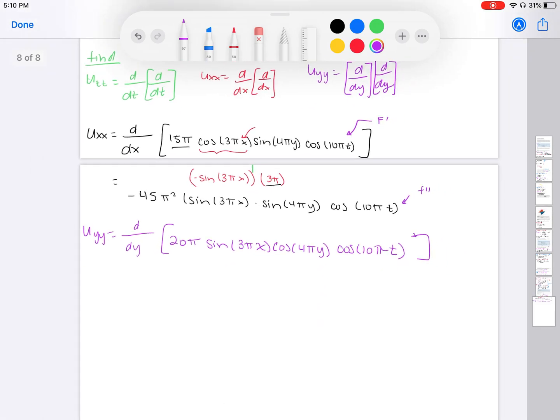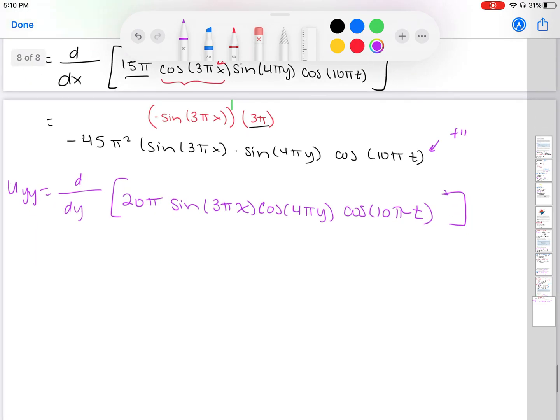Okay, now we want to take the derivative in terms of y again, for our second derivative. Again, we only have y here. The derivative of cosine is negative sine. We keep our argument, and chain rule makes us take the derivative of our argument. The derivative of y is just 1, so we have 4 pi.